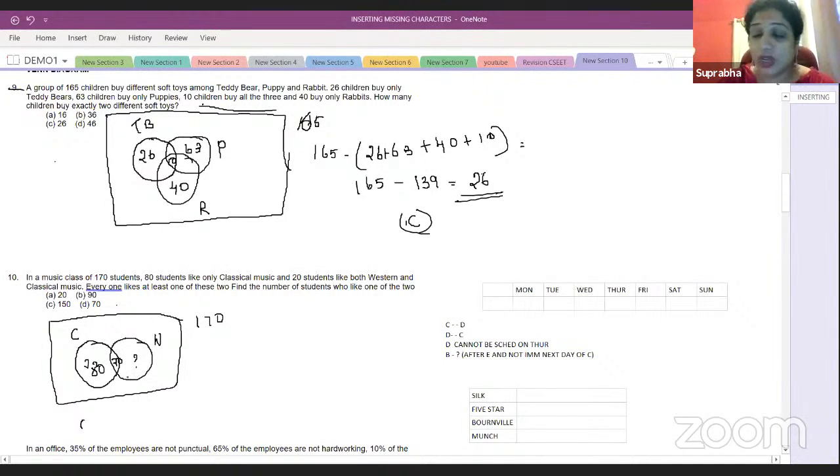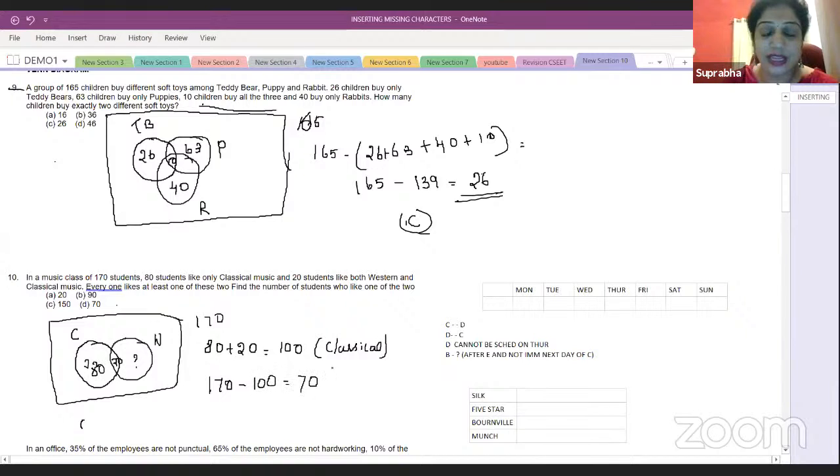Yes. So now I have to total students who like classical music. If I have to take, then it is 80 plus 20 will give me 100. This is total students who like classical music, is 100. So now I got 100 out of this total, 170, correct? So if I deduct the number of students who like classical music from the total strength, 70 I get pending who like Western music. Okay, so now 70 people like Western, but is that the question?